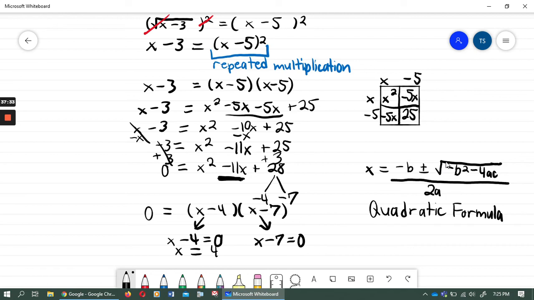For the other equation, the inverse operation of subtracting 7 is adding 7. If we add 7 on both sides, we have x equals 7.